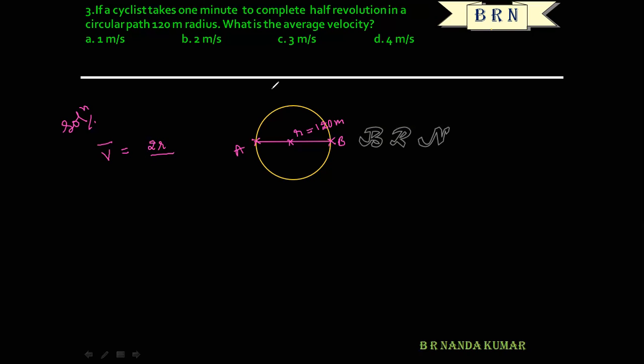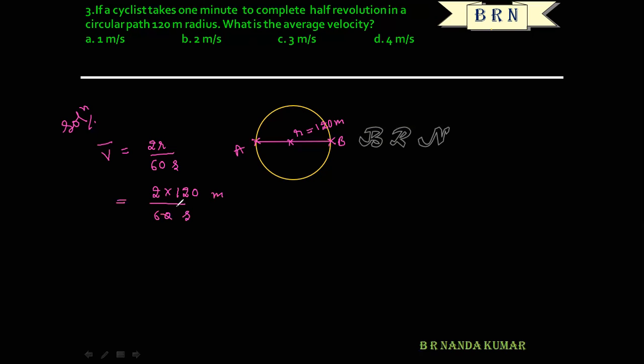Time taken is given, right? What is the time taken? 1 minute. 1 minute means 60 seconds. So 2, what is the value of radius? Radius is 120 meter. So divided by 60 seconds.